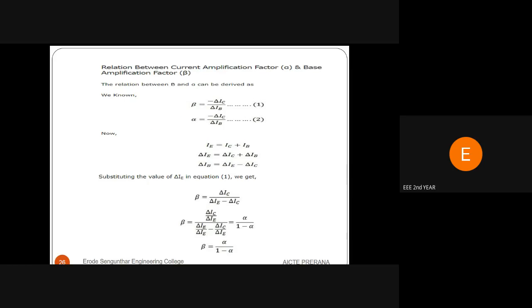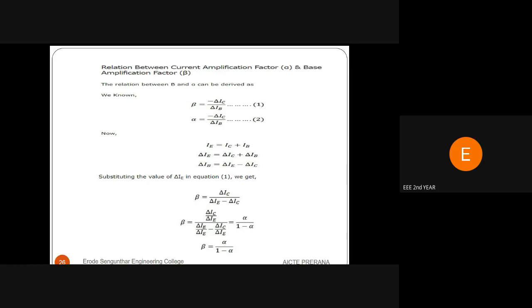Now let us see the relationship between alpha and beta, that is current amplification factor of common base configuration and base amplification factor of common emitter configuration. We know beta equal to minus delta IC divided by delta IB. Alpha equal to minus delta IC divided by delta IB.